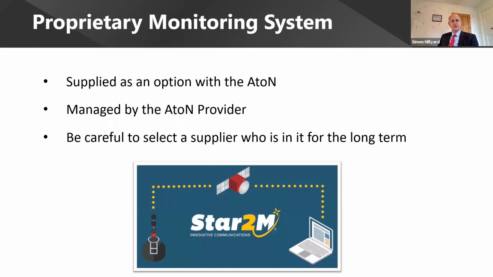Then the AtoN authority is left without a monitoring system. You've invested a lot of time, a lot of effort and emotional effort into this, and suddenly you haven't got it. So just beware that you pick a reputable supplier who you believe is in it for the long term.